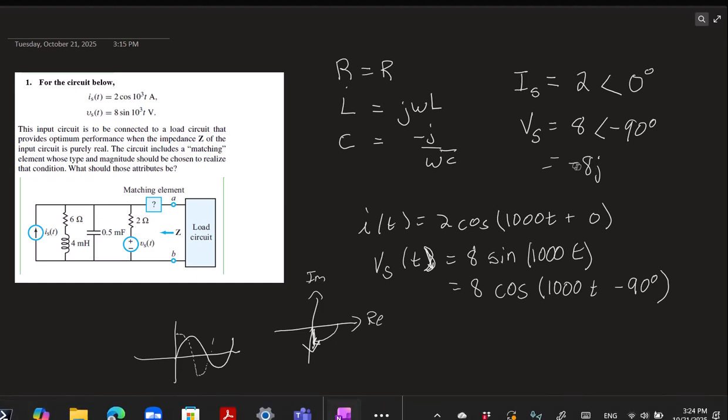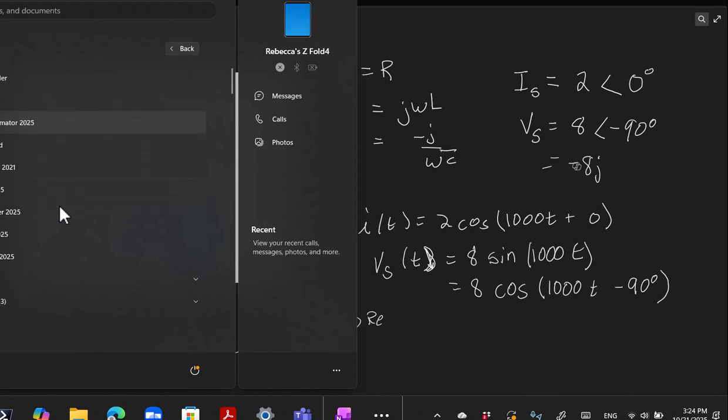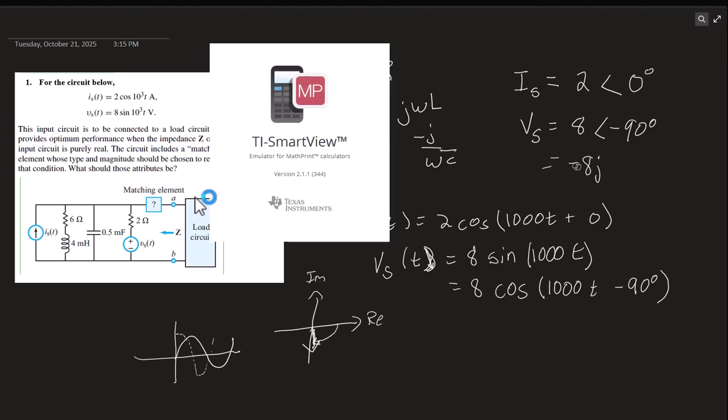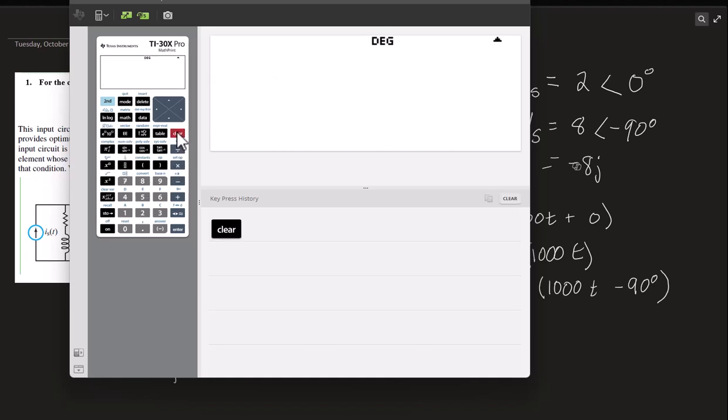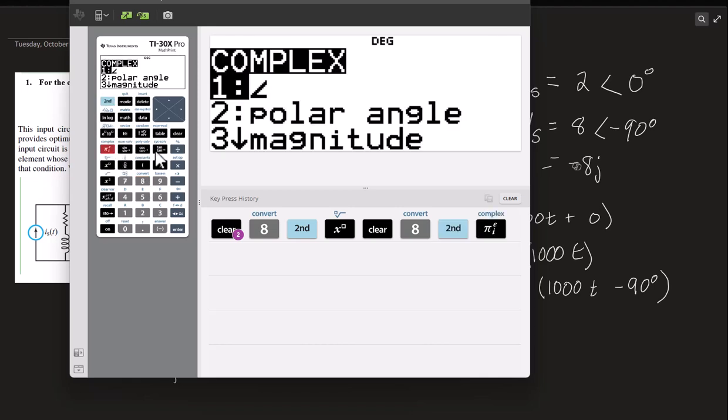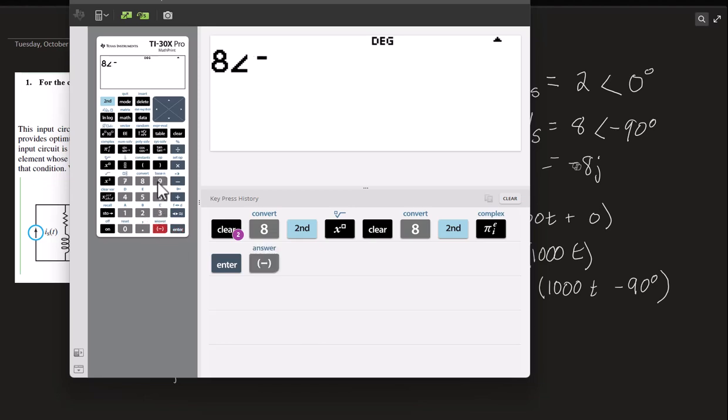So, I can check that. If I had 8 angle negative 90, it's the same as minus 8j.